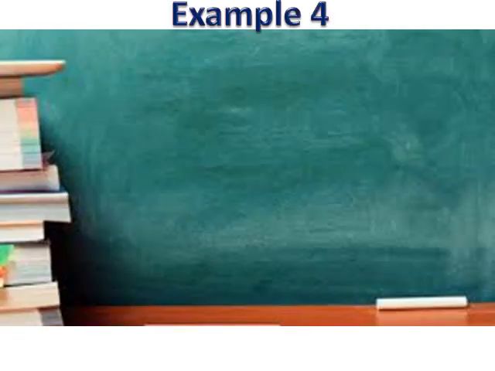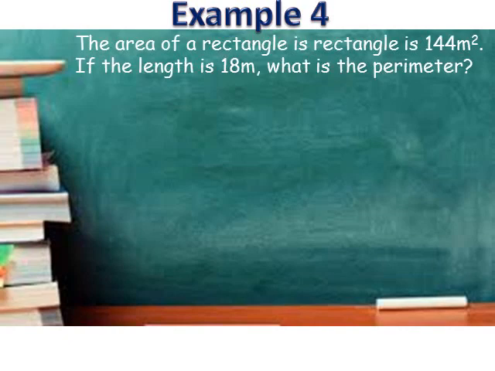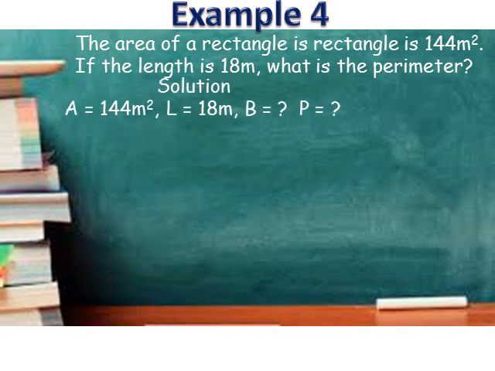Now let's do the last example. Are you ready? Alright. If the area of a rectangle is 144 meters square, if the length is 18 meters, what is the perimeter? Let's write out our parameters. Area is 144 meters square. The length is 18 meters, right?